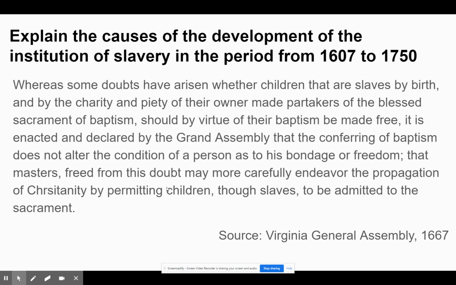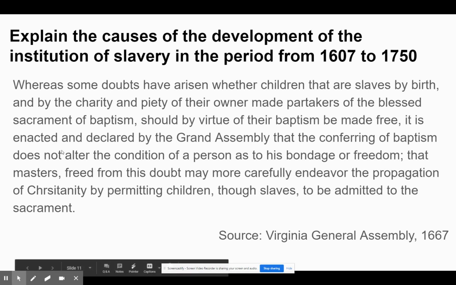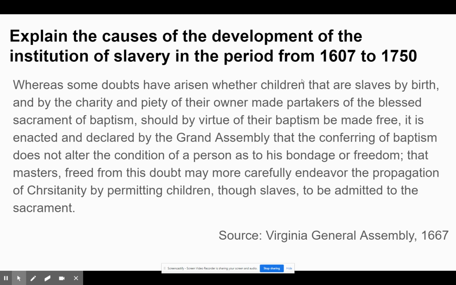Now we look at the intended audience. Who is this made out to? To understand that, you have to understand what we're actually reading. What we're reading here is basically a law, and the law is being explicit that when African Americans have children and they are baptized, they still remain slaves.